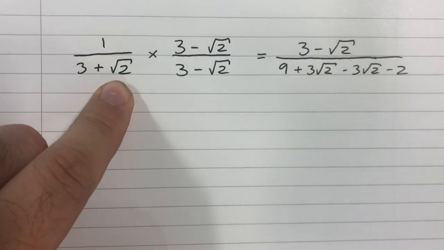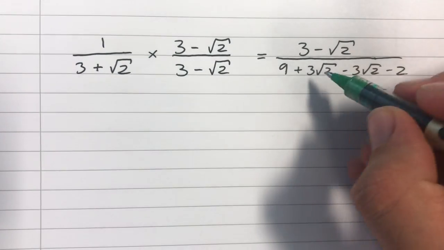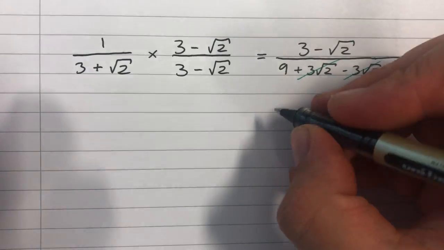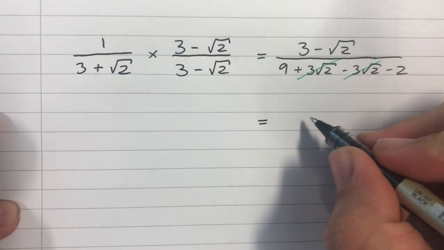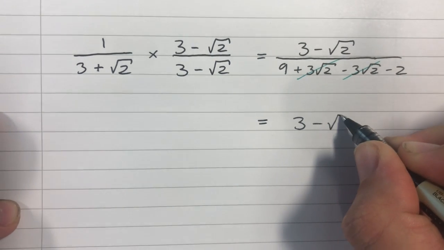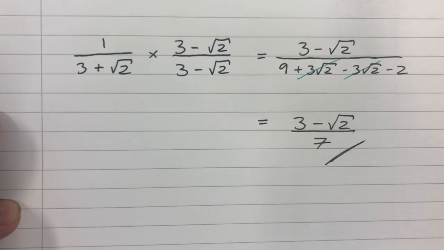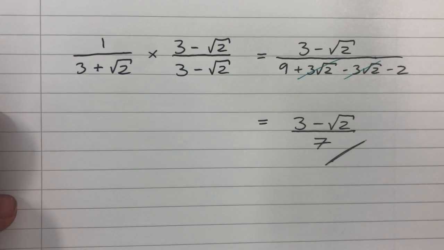We can see that the nice part of this is that the two irrational parts on the denominator cancel out, and we're left with a fraction which just has a nice rational denominator. There we go: 3 minus root 2 on 7.